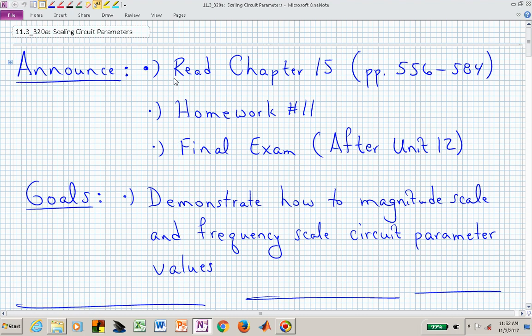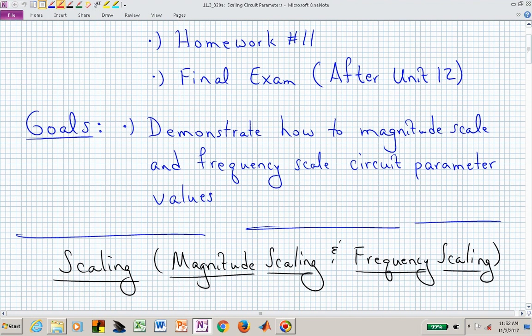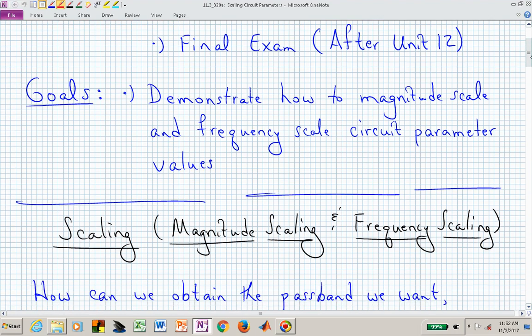But here we're assuming that the more challenging part would be to match the capacitors, and it will be easier for us to actually obtain these resistors and inductors that might have more unique values. So let's now look at working through this topic of scaling, and in particular magnitude scaling and frequency scaling.